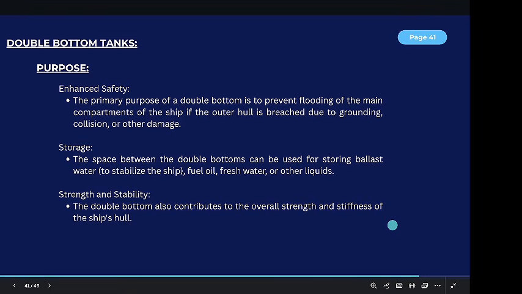Next is the strength and stability. The double bottom also contributes to the overall strength and stiffness of the ship's hull.